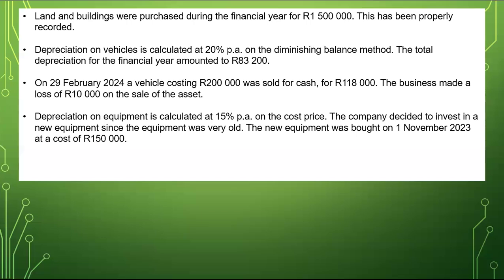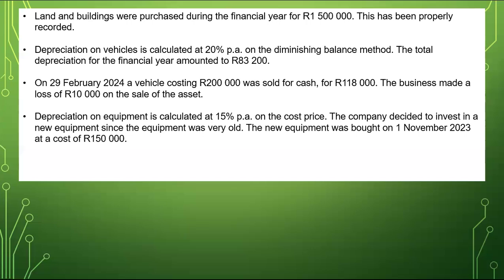Now it says here, depreciation on vehicles is calculated at 20% per annum on the diminishing balance method. The total depreciation for the financial year amounted to 83,200. We saw this, it was given to us, right?